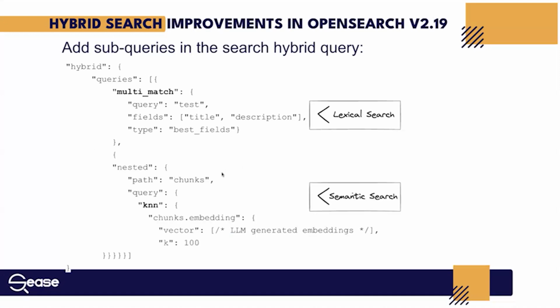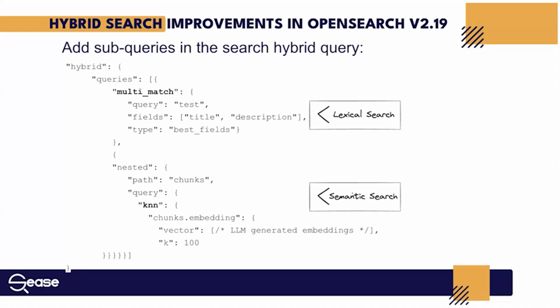And then for the vector search part, we are using nested fields here, because in our index we have long paragraphs. First we use chunking: when you have long paragraphs, we split them into multiple chunks, and that's why it is nested.